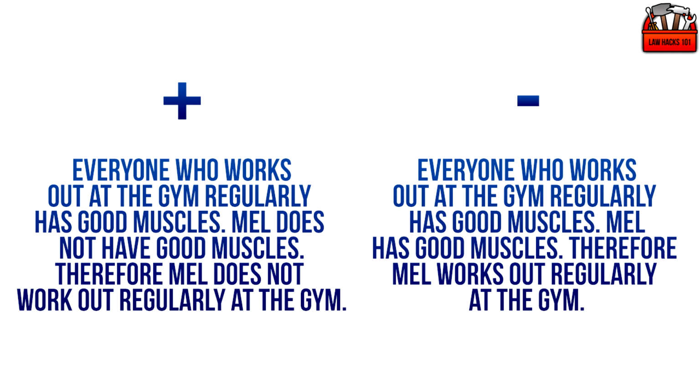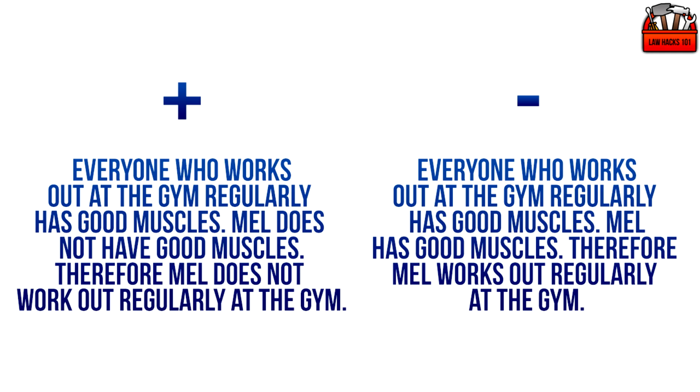Not really. That argument seems to pass the initial test for inferences because we seem driven to accept the conclusion as a matter of logic. If it is true that everyone who works out regularly at the gym has good muscles, and Mel doesn't have good muscles, then it must be the case that Mel does not work out regularly at the gym. So it's impossible to imagine that the reasons are true and the conclusion is false at the same time.